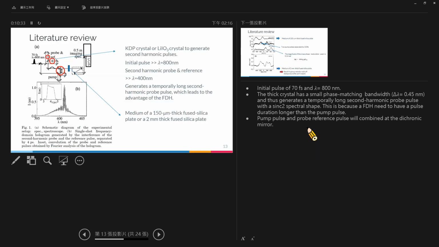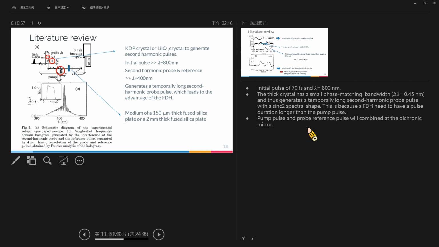And it also has an experimental setup. It has an initial light of 70 femtosecond and lambda of 800 nanometer. It will get in and split into the pump pulse and the probe and reference pulse. So the pump pulse will be split into two signals, and the probe and reference will get to here.